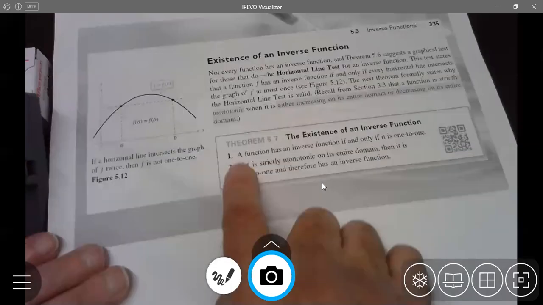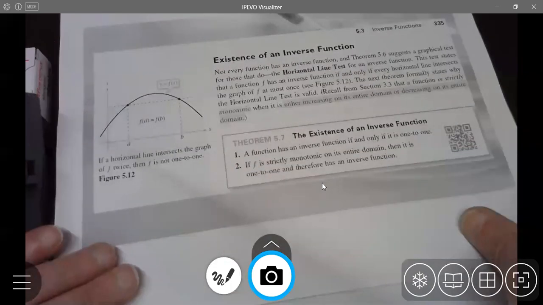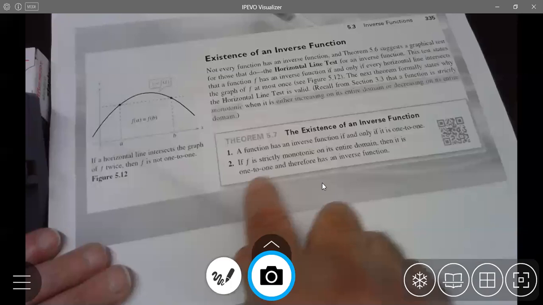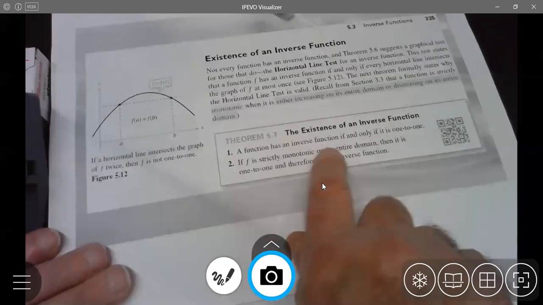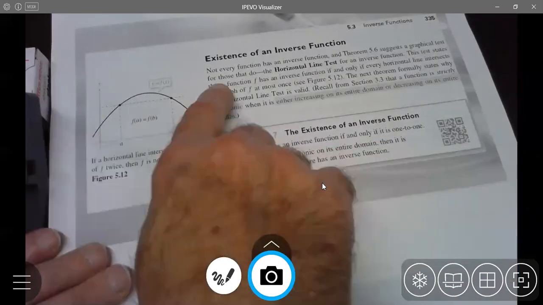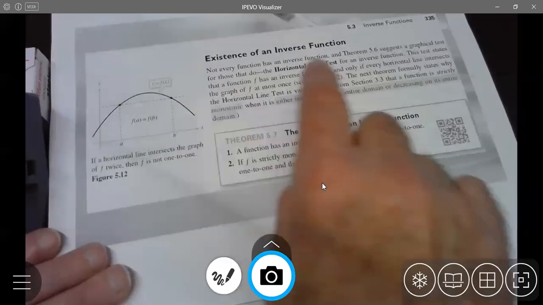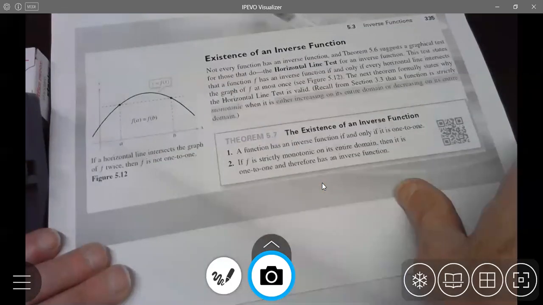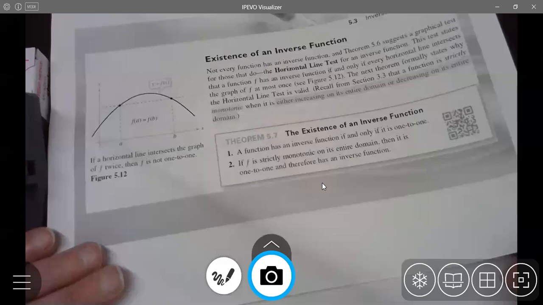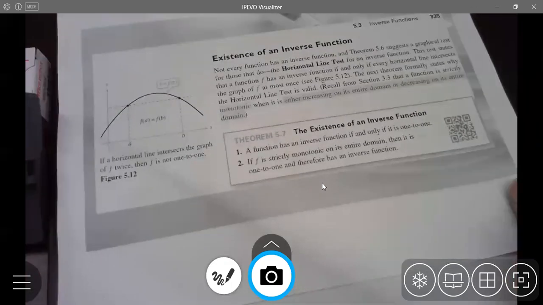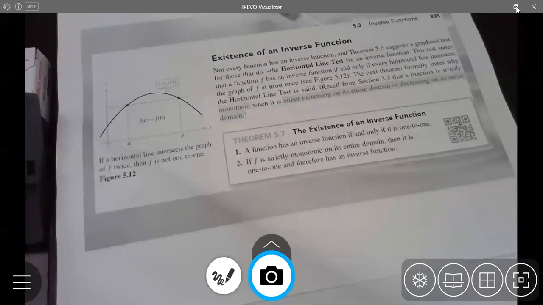So the existence of an inverse function is if and only if it is 1-to-1. So it would have to pass the horizontal line test in order for it to be 1-to-1 or monotonic. Okay, so we'll come back with this. Let's exit out and come back in a moment. I'll see you in a few seconds.